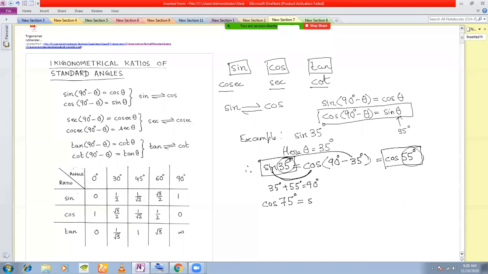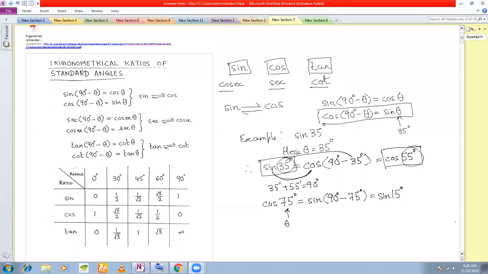First, I'll change this cos to sine. Then what is my theta here? This theta is my 75 degree. And inside, I'm going to write 90 degree minus 75 degree, which comes to sine 15 degree. Is this clear? Or any question? Yes, all clear.